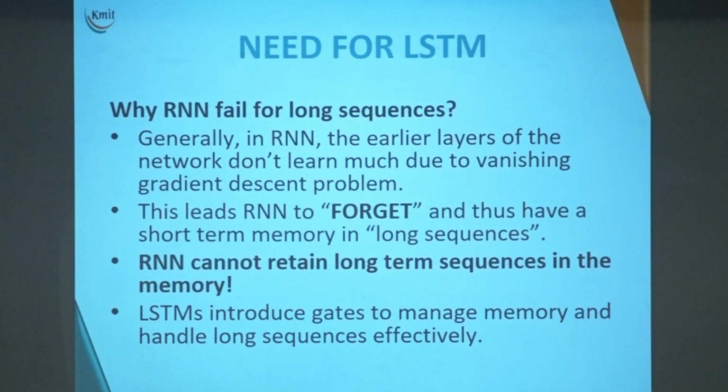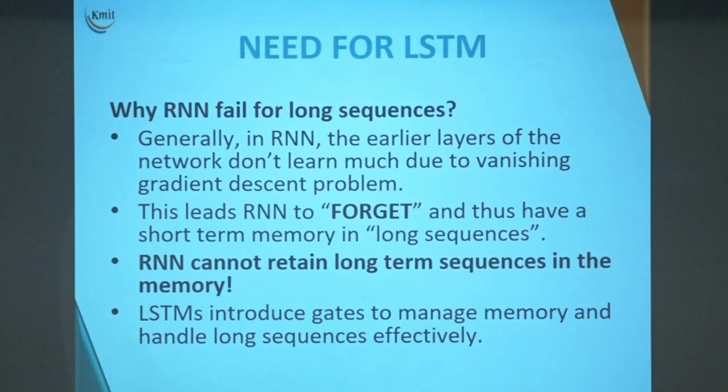So you cannot rely on its output. RNN cannot retain long-term sequences in memory, and because of this problem, LSTMs were introduced. LSTMs have a gate mechanism, which I will explain, that helps to manage memory and to work with long sequences more effectively than RNN. So are you clear now why we are studying LSTM today? What was the drawback of RNN?